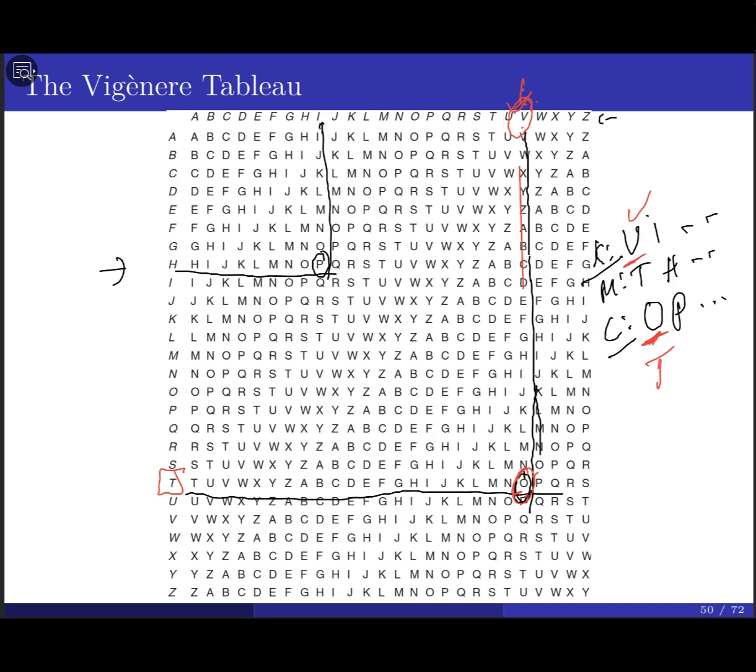Again, for the encryption, I use the keyword letter and the plain text letter as indexes for the column and the row. For the decryption, I use the keyword letter as an index for the column, and I need to use the heading that contains the ciphertext letter in order to tell me exactly what the corresponding plain text is.